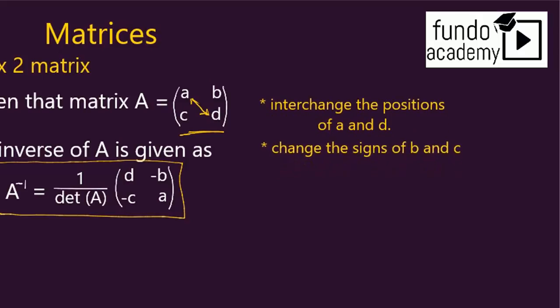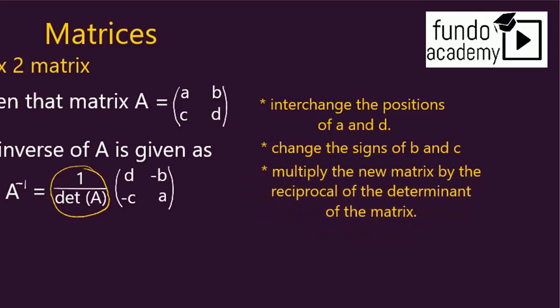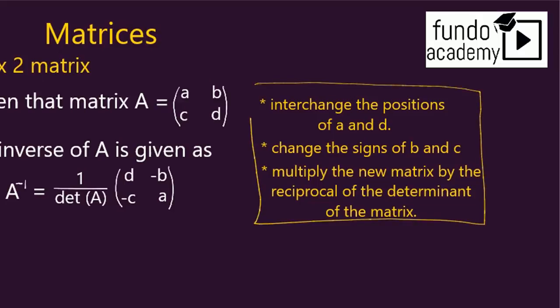Once you have transformed the matrix A, then you multiply that by the reciprocal of the determinant of A. So we are saying you multiply the new matrix by the reciprocal of the determinant of the matrix. Whichever one you start with, no problem, but this is how we find the inverse of a 2 by 2 matrix.